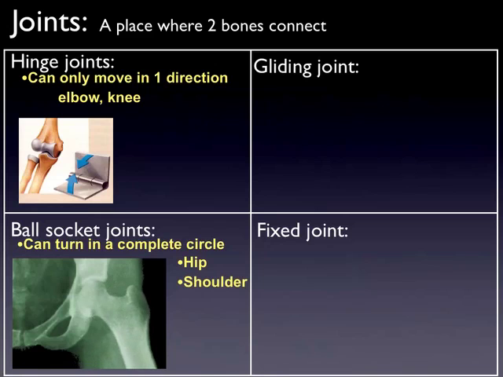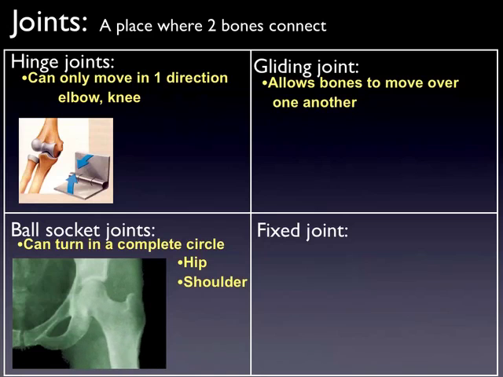So the other type of joint is a gliding joint. A gliding joint is a joint in which bones sort of are on top of each other and slide over each other. One example of a gliding joint would be your vertebrae. The vertebrae that make up your backbone here are stacked one on top of the other. If I stretch this out, you can see these are the individual vertebrae.